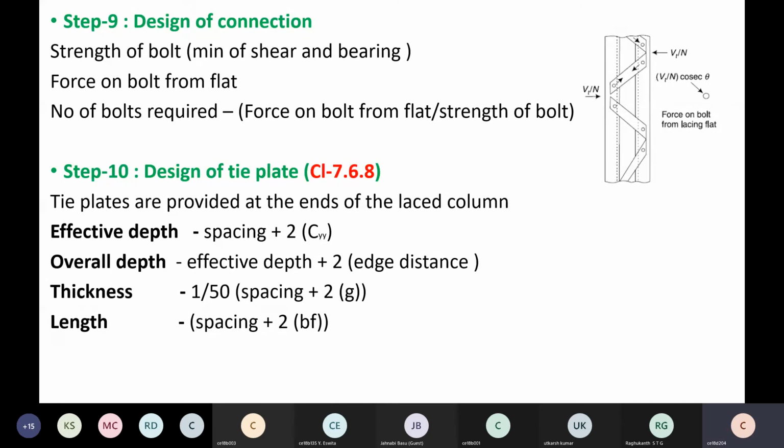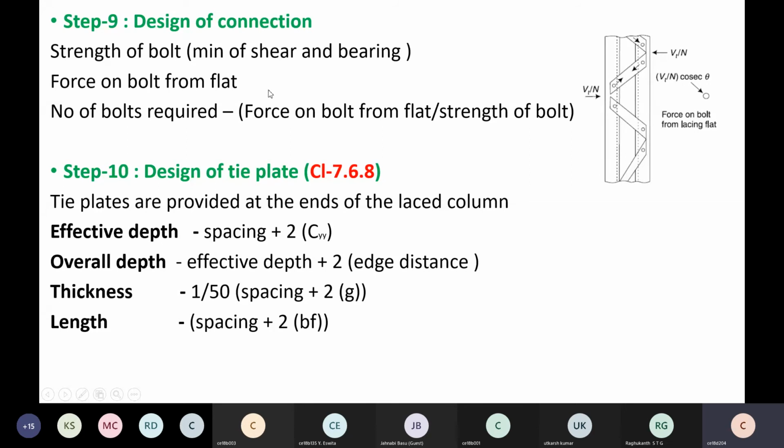Has anybody calculated the shear capacity? So calculate in the meantime the shear and bearing capacity. Once you get them, take the minimum of that, which will give the design strength of the bolt.